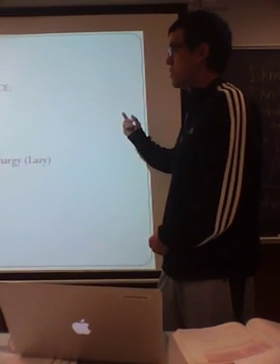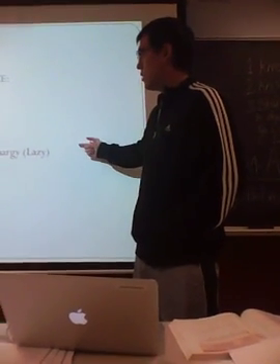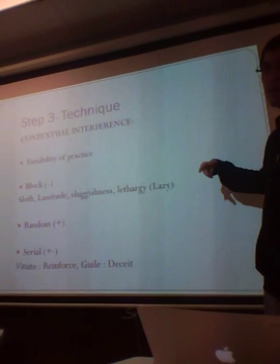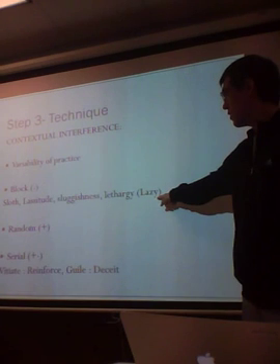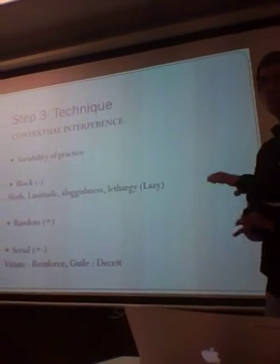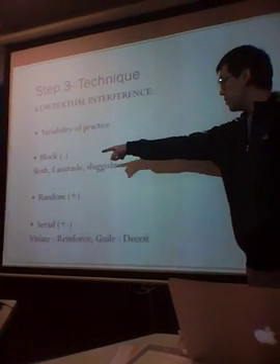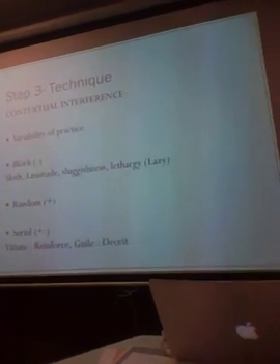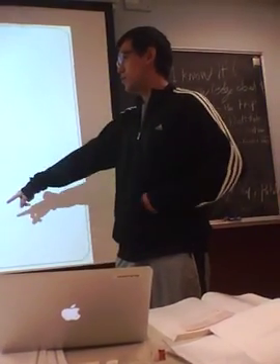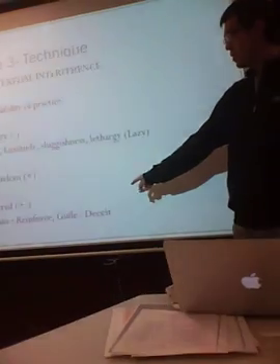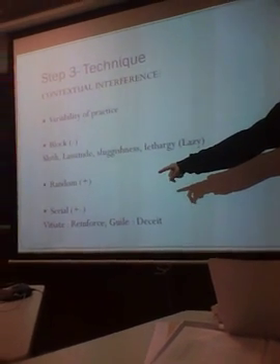So change the context. How can you change the context to learn new words? Gather words in a block that all mean basically the same. These words mean lazy. You can randomize them, change the order so that you may be more confused, and also serialize, like relationships, to try to figure out the charge of those words.